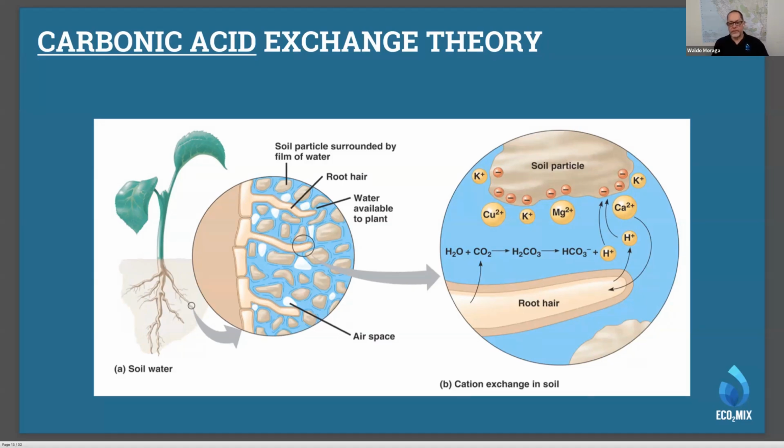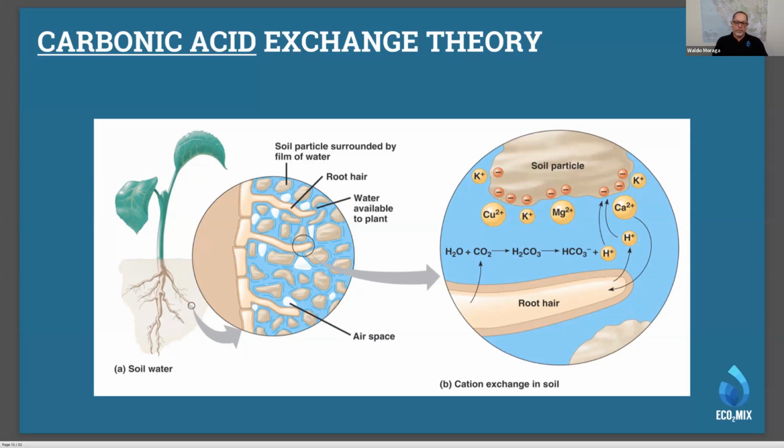That carbonic acid later exchanges hydrogen protons for other cations that are in the soil, as I said, like copper, potassium, calcium. So this is absolutely what nature is doing. It is part of all the ways that plants can take nutrients. This is one of them.